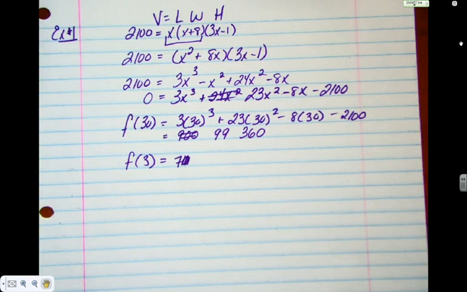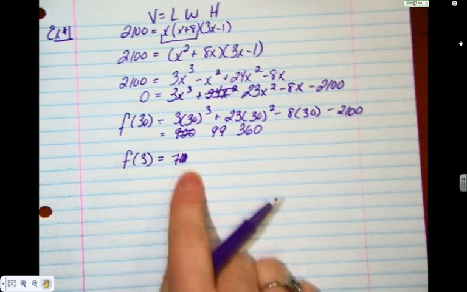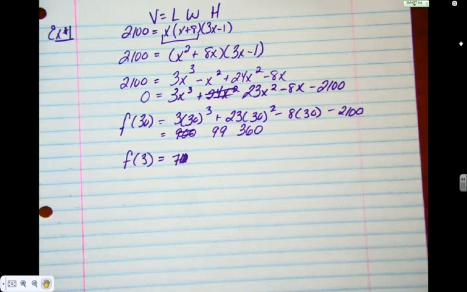Question mark? Audience participation, welcome. It's closer, right? Closer than the 30 is because the number is smaller. Okay, pick something else.